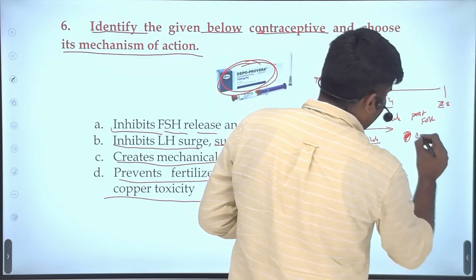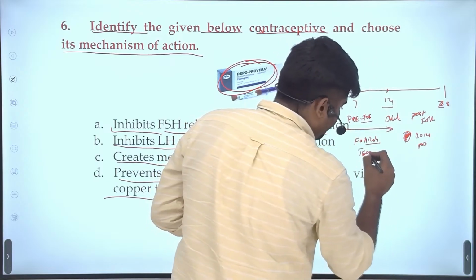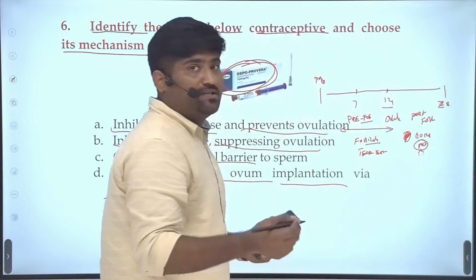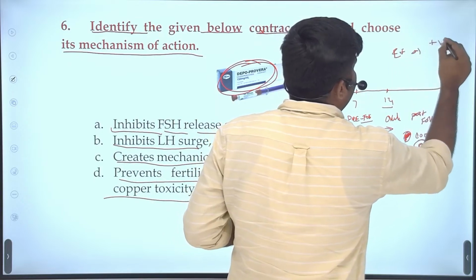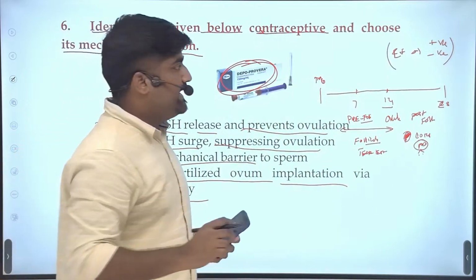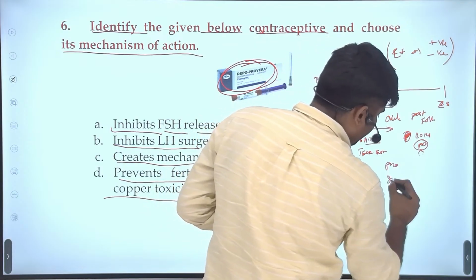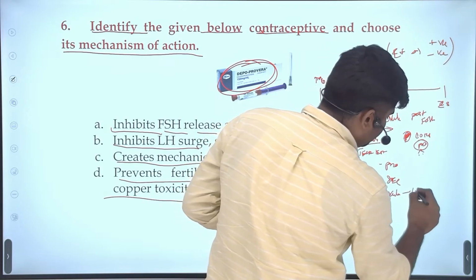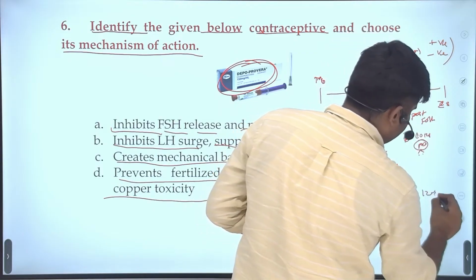Remaining follicles will form the corpus luteum, and progesterone is produced. During this, theca cells produce estrogen. Here the corpus luteum will produce progesterone and estrogen. This is how you should remember. Estrogen has both positive and negative feedback. If they ask about the proliferative phase, secretory phase and ovulatory phase: the viable period of the ovulatory phase is 12 to 24 hours.